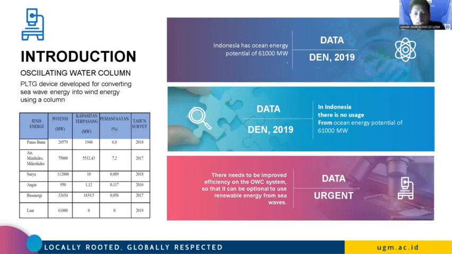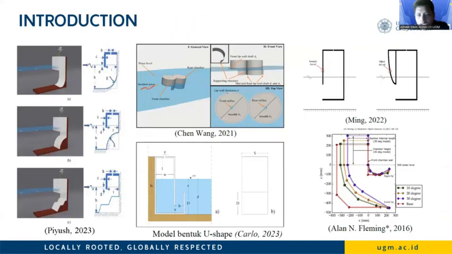The study focused on increasing the efficiency of OWCs. Some of the studies on OWC efficiency that have been done are as follows in this slide. In 2023, research concerned the basic modification in the chamber of the OWC, such as double cylindrical and others in the slide.